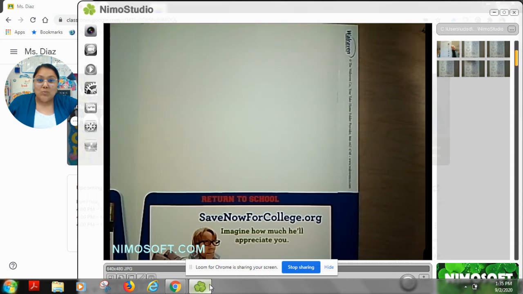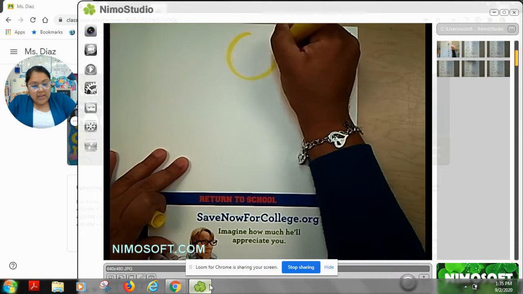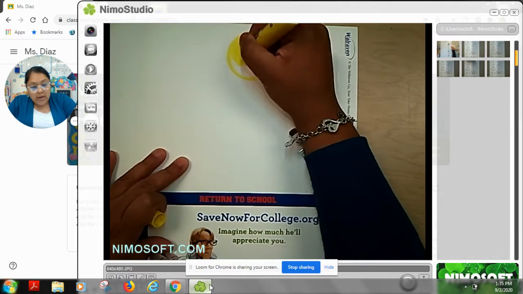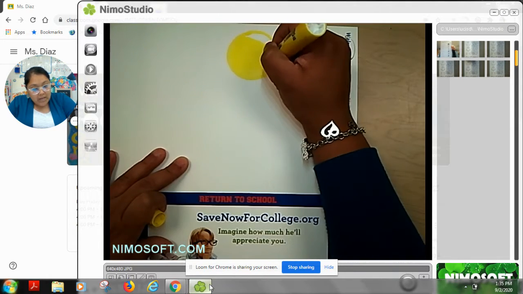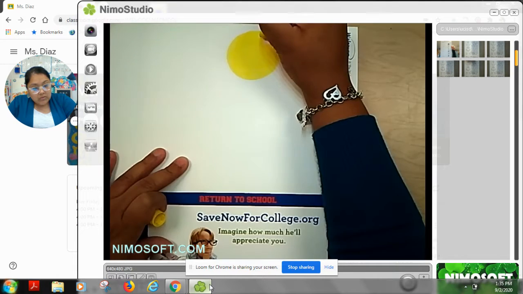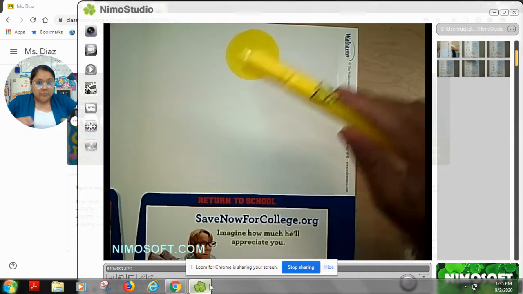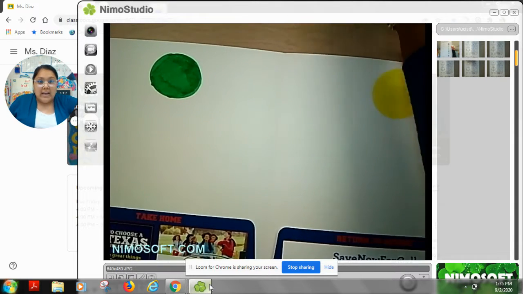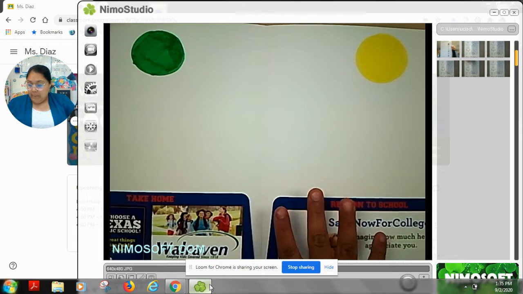This other side is what we're going to call the yellow side. So go ahead and with a yellow marker or a yellow crayon or colored pencil or pen, color a yellow circle on it. So we know this is the yellow side, okay? So I have my yellow and I have my green. Okay, so my sides are labeled already.